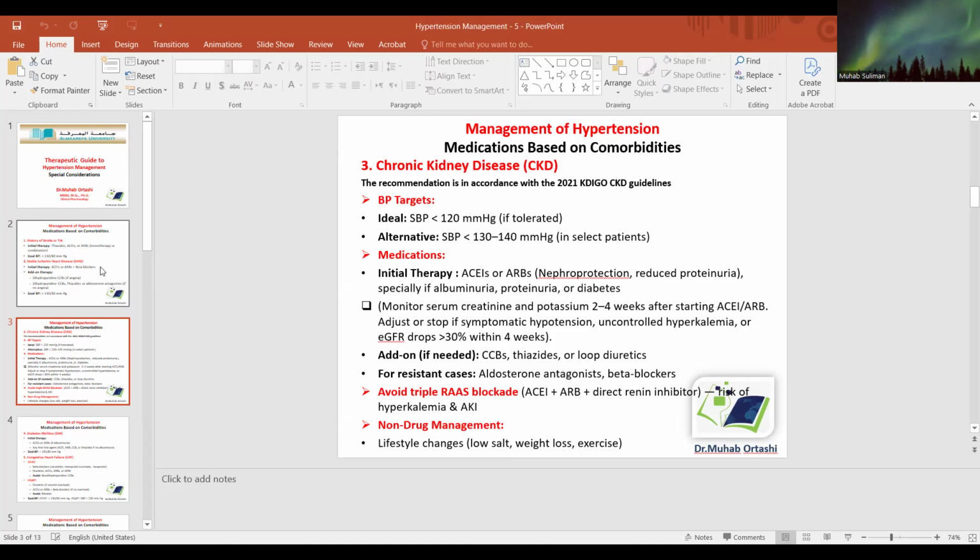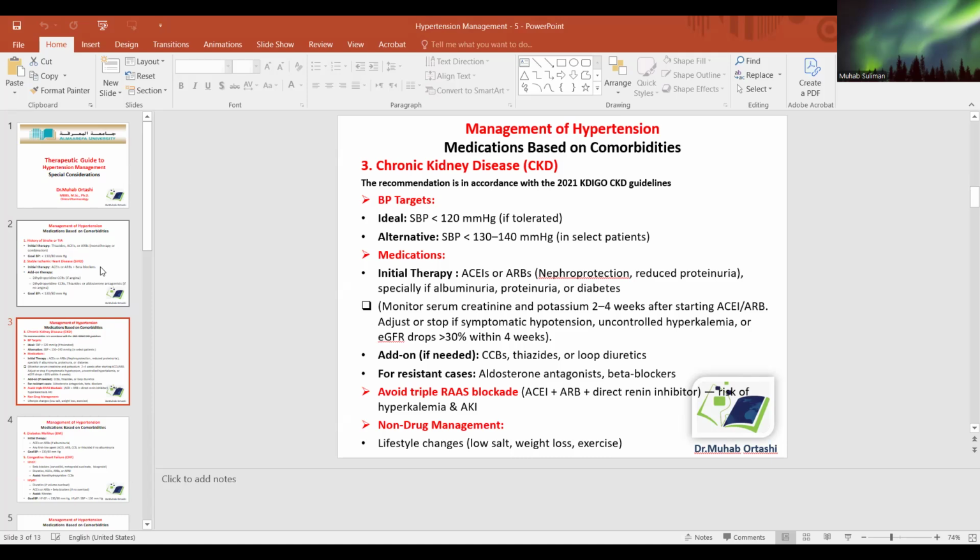We can check the patient within 2 weeks and then within 4 weeks, and we make a decision after 4 weeks. If the patient, as we said, has one of these indications, we can stop or adjust the dose for the patient.